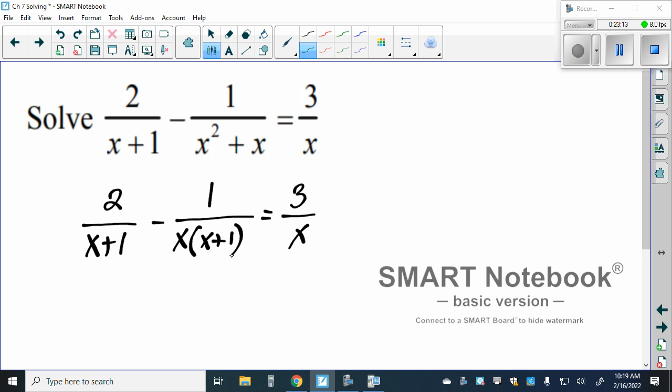So if I had to use the x times x plus 1 times the x squared plus x, I have added an extra factor of x and x plus 1. And any extra factors, especially with these variables that we add, increase the degree by 1 for each one that we add. So if this had worked out to be linear, if we'd have used the correct ones, adding those two is taking it from a degree 1 to a degree 3. We're now having to solve a cubic equation.